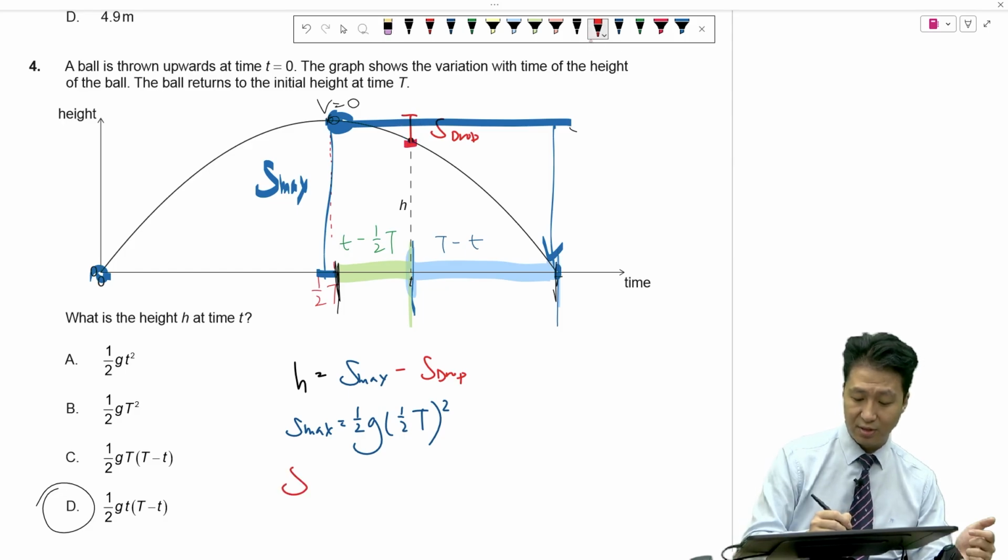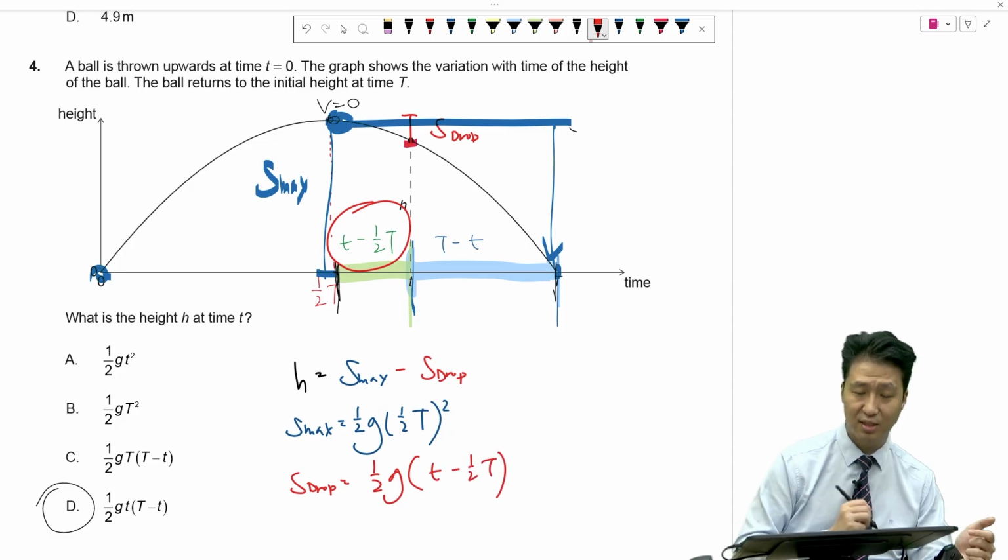Okay, what about the time for the drop? The distance dropped would also be 1/2 gravitational acceleration, and now we're going to use this term for the drop, which is lowercase t minus 1/2 the total time T, and you square it.